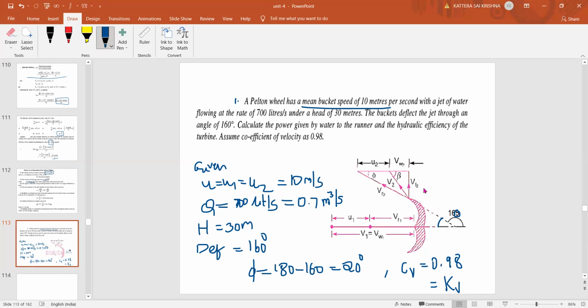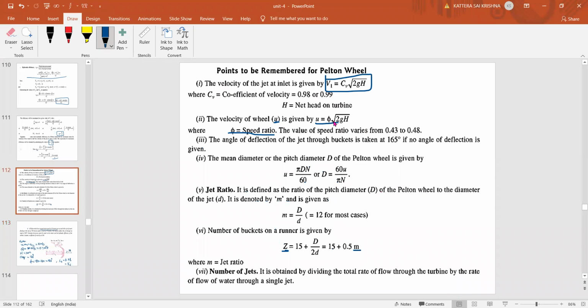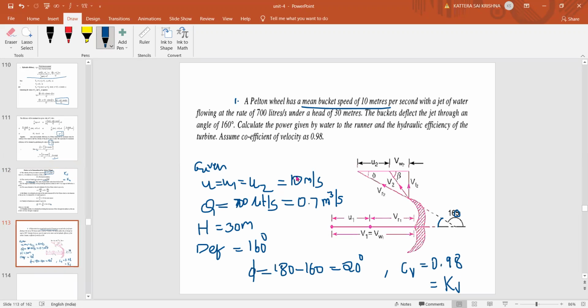The speed ratio is denoted by either phi or K small u. Remember this. Please copy this and draw the diagram, which is also very important.